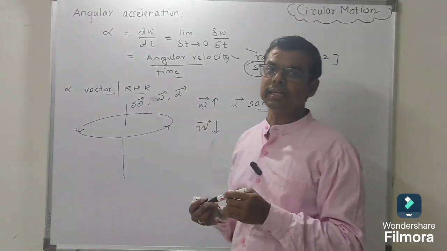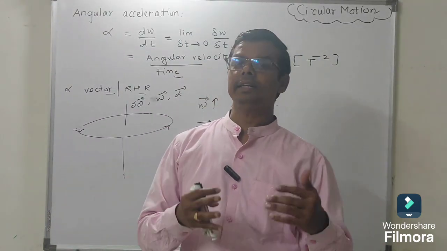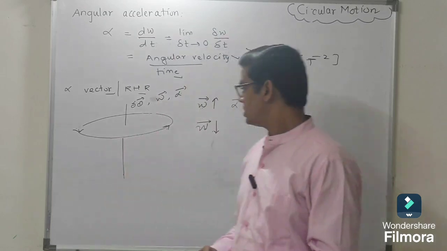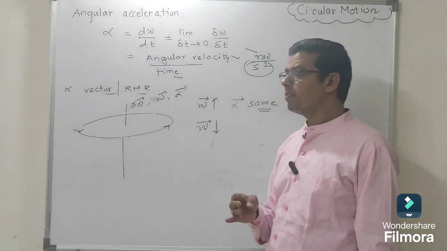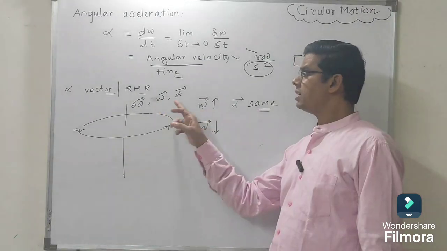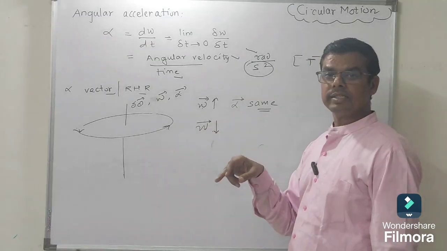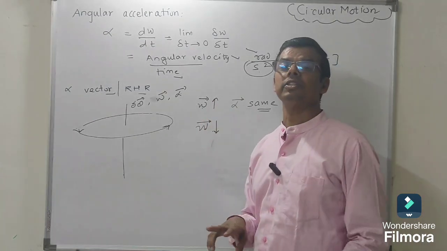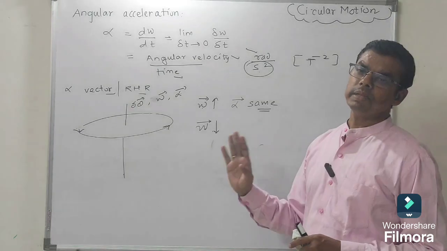We can call it retarding, because in accelerating mode velocity increases and in retarding mode velocity decreases. Velocity decreases, which means acceleration is opposing the velocity. So when angular velocity increases, it is in the same direction as the angular acceleration, and when angular velocity decreases, angular velocity and angular acceleration are oppositely directed. This is one of the important topics of circular motion.